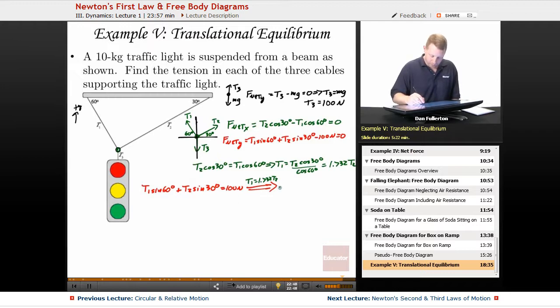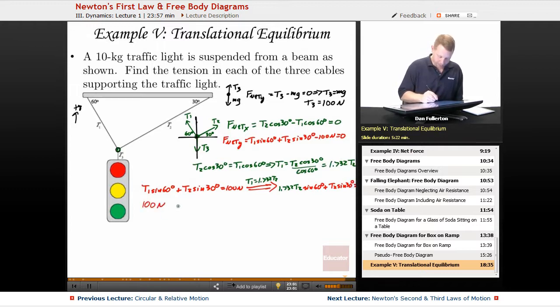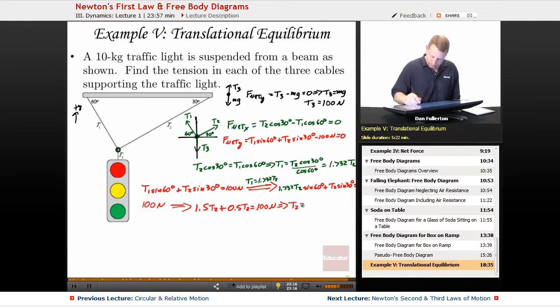So we have 1.732 T2 sine 60 degrees plus T2 sine 30 degrees equal to our 100 newtons. Doing all that together, I get 1.5 T2 plus 0.5 T2 equals 100 newtons. Therefore, T2 must be equal to 50 newtons.